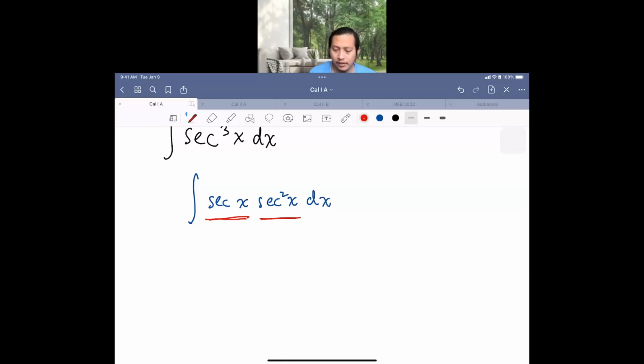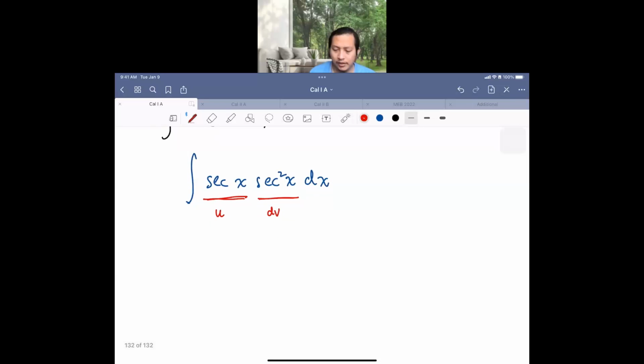So we can have this as u, and this will be dv. Or in our DI table, I will just directly use the DI table. We can see that this will be secant x, this will be secant squared x. So we can integrate secant squared to become tangent x, right? And derive the secant x to become secant x tangent x.